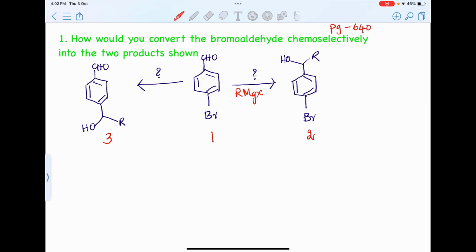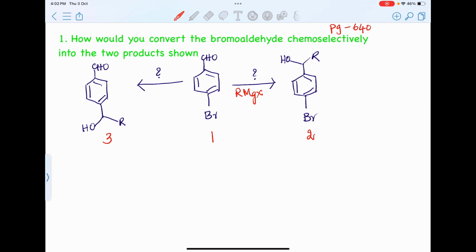Now let us look at the preparation of compound 3. So here the bromo is converted into the secondary alcohol and the aldehyde is intact in the product. So how will you transform this bromo into the secondary alcohol?